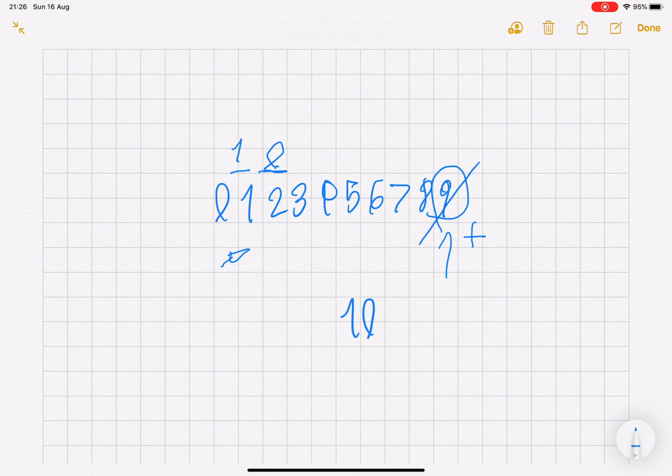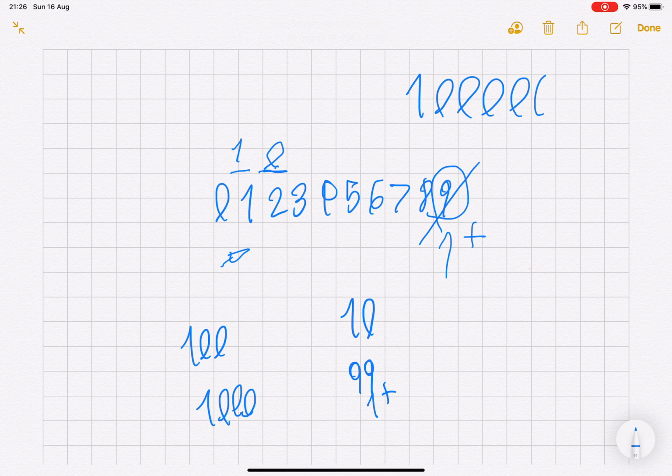Now we do that again until 99, and then we plus another 1 to make 100, 1,000, and so on to a million. The comma will help you see the million.